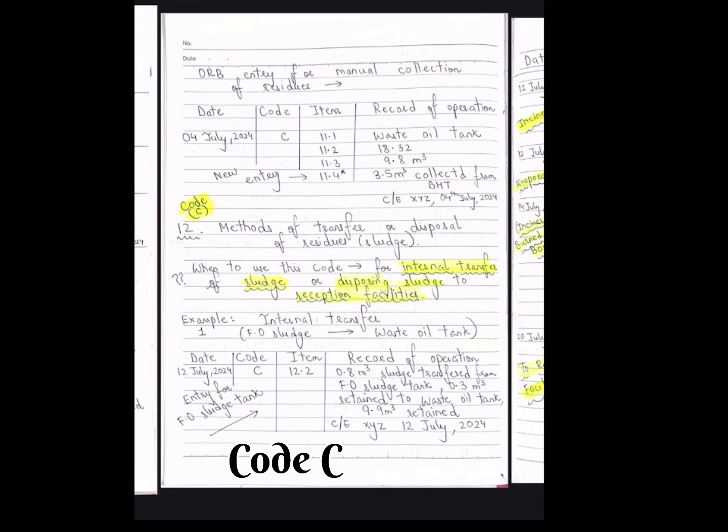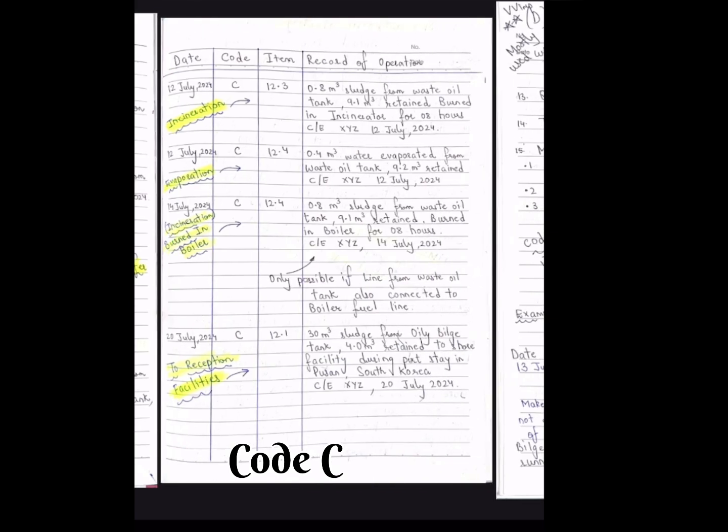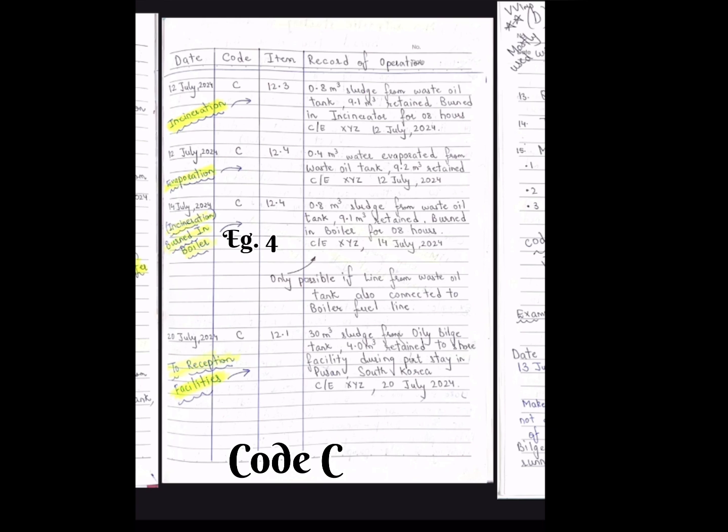You can go through this. This is an example for incineration in the incinerator. Then I have shown you the example of evaporation in the waste oil tank. Then incineration in the boiler. And lastly, I have shown you an example of transferring the sludge to the reception facilities.